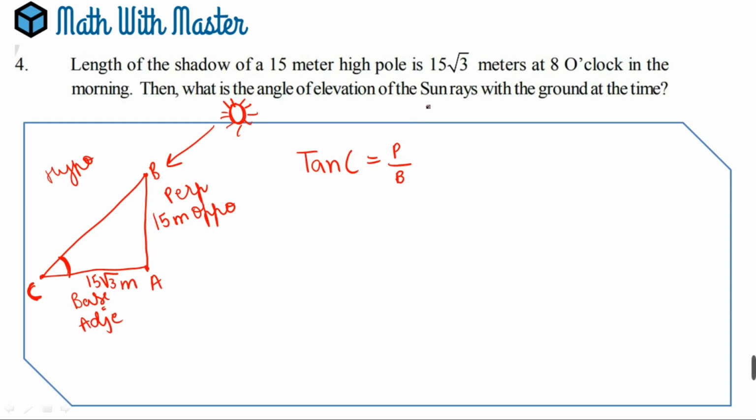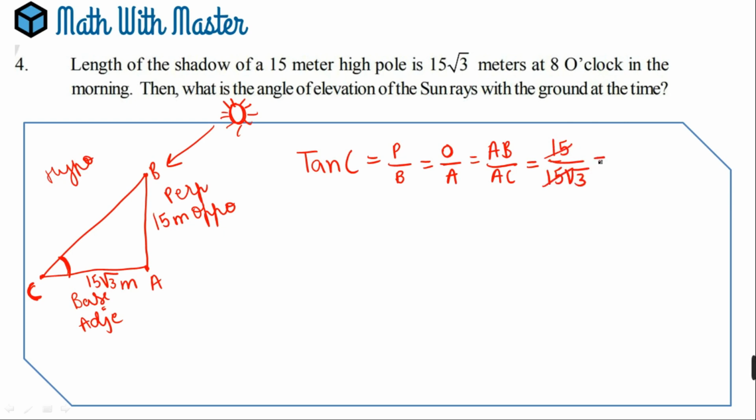I have just taken tan C. You can also go through cot C. So tan C is equal to perpendicular upon base, which is also equal to opposite upon adjacent, which is equal to AB upon AC. And after putting the values, we are getting AB is 15 meters and AC is 15 root 3 meters.